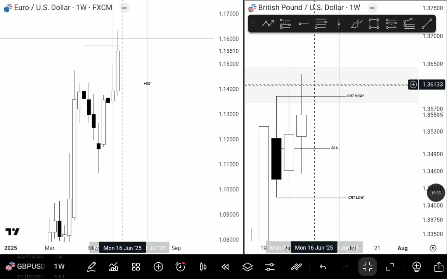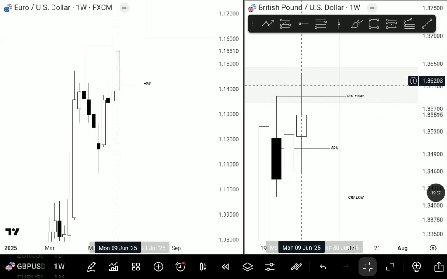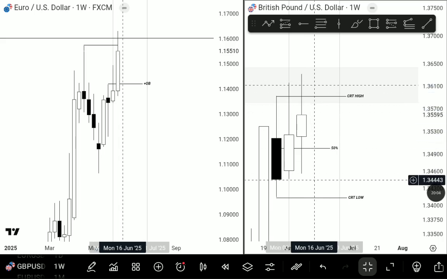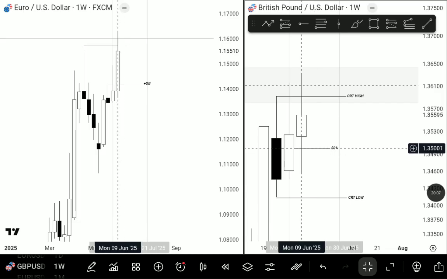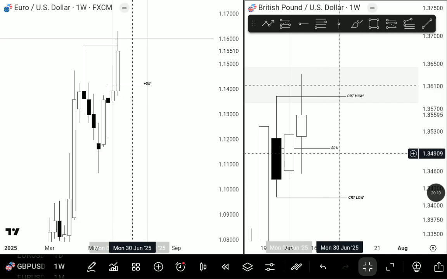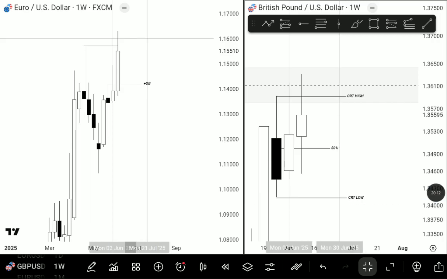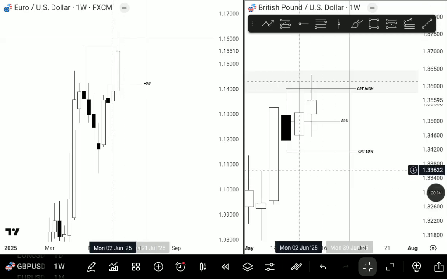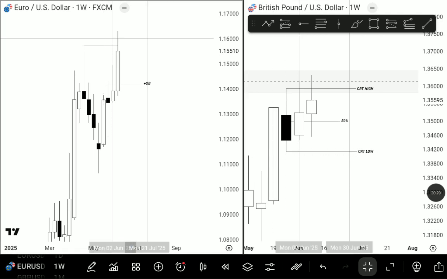So my main expectations for this incoming week is a bearish classic candle, at least to the 50% of this candle range, then hopefully the CRT low and balancing this imbalanced piece of price action right there on GU.